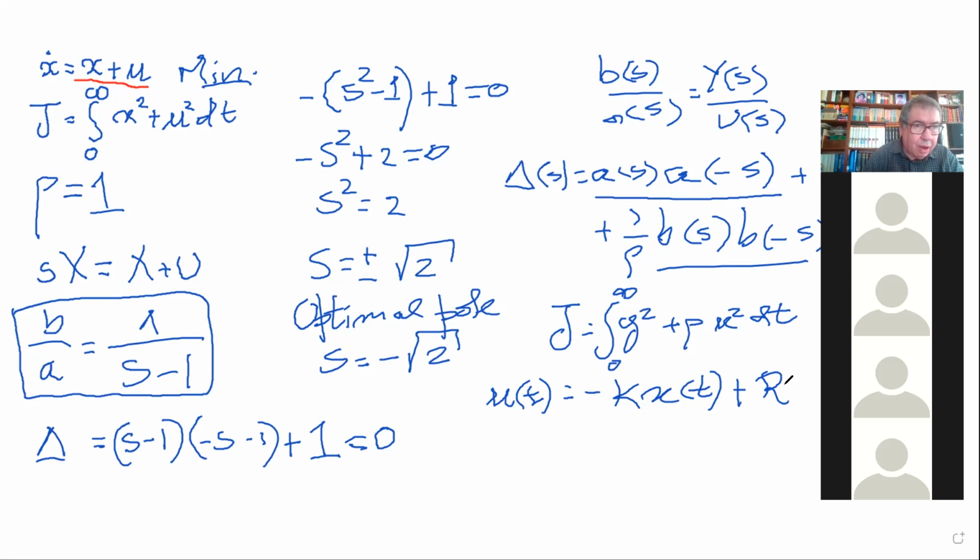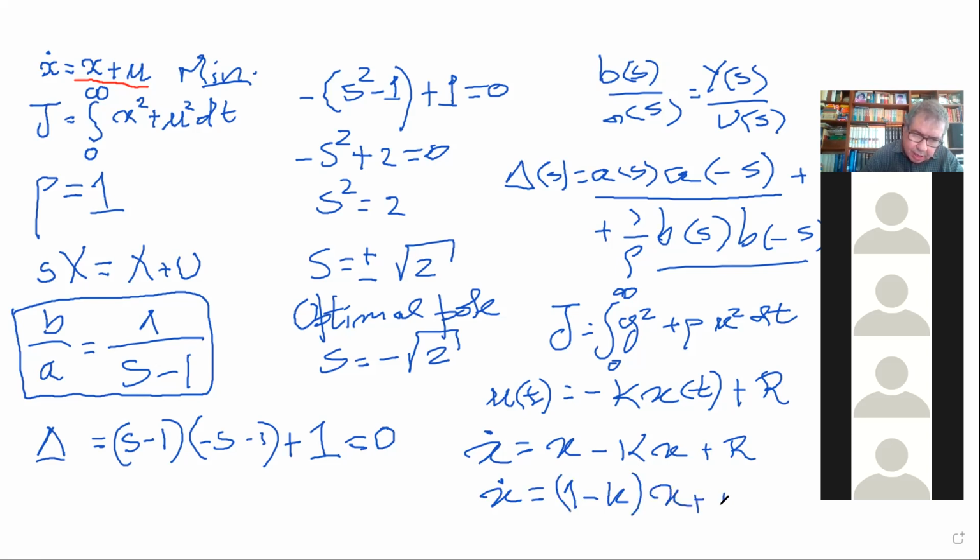Okay, now I place it there. So x dot in closed loop is x dot equals x minus kx plus r. So this becomes x dot equals 1 minus k times x plus r. What is the transfer function of this?